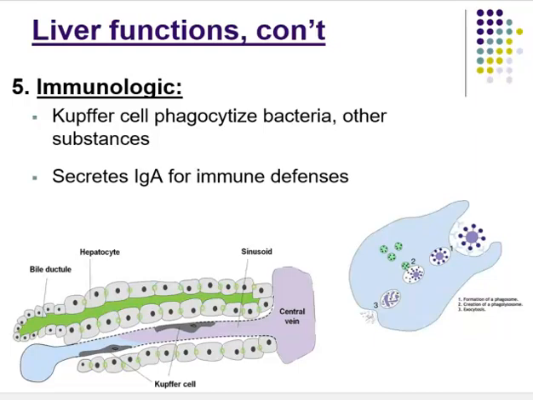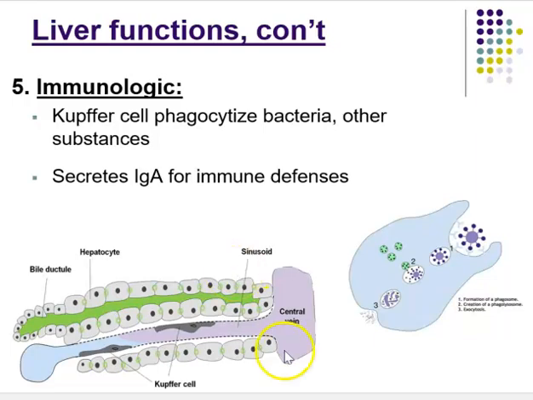As part of the immunologic function, the liver can secrete IgA. Remember, IgA is the most abundant antibody in the body. It's the one that is responsible for secretions in the mucosal tissue, and it can help prevent infections of microorganisms. So the IgA is used for immunodefenses.